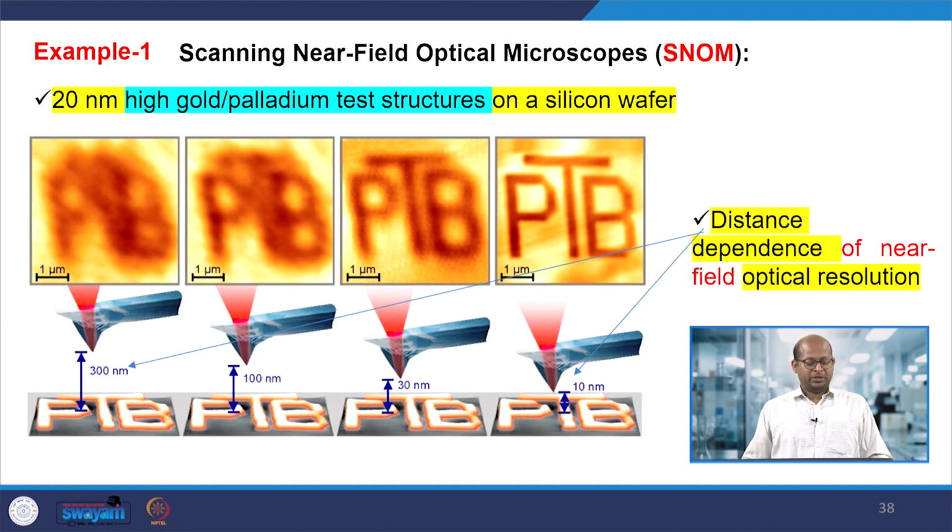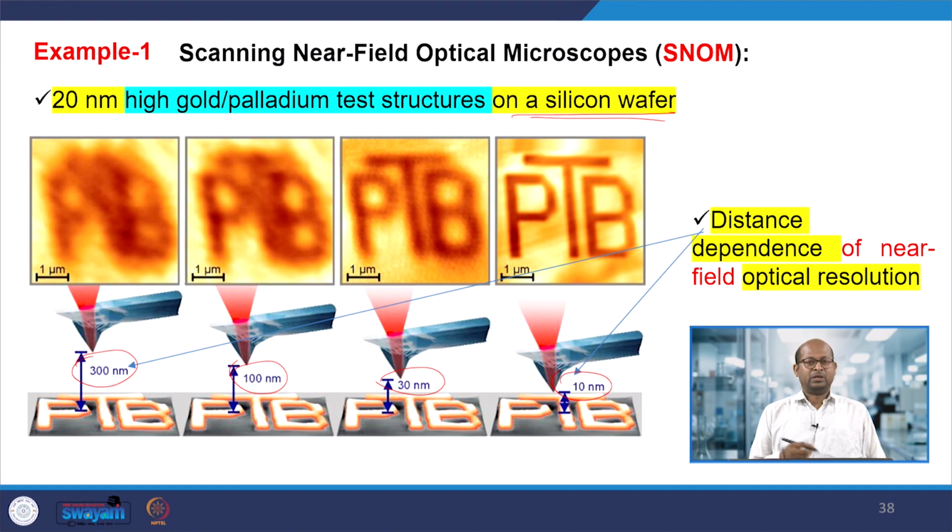Here is another example: 20 nanometer high gold or palladium structures on a silicon wafer. This shows the distance dependence of the near field optical resolution. The distance between the tip and the surface is 300 nanometers, 100 nanometers, 30 nanometers and 10 nanometers. If we vary the distance, the resolution also changes.